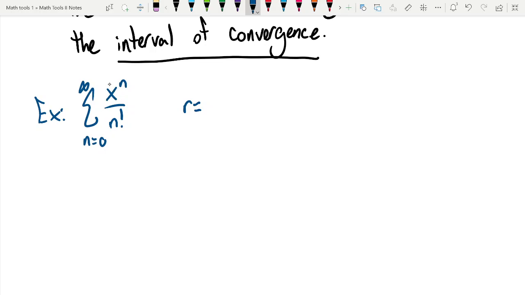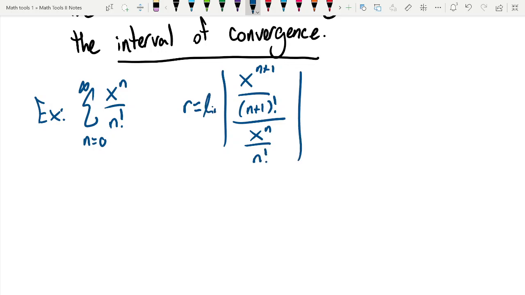I would say most of the time we're going to end up using the ratio test with these ones. So this is going to be the limit of the absolute value of x to the n plus 1 over n plus 1 factorial, over x to the n over n factorial.